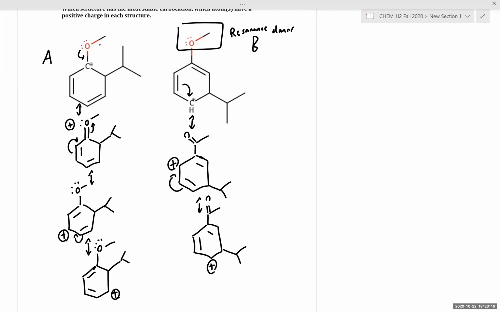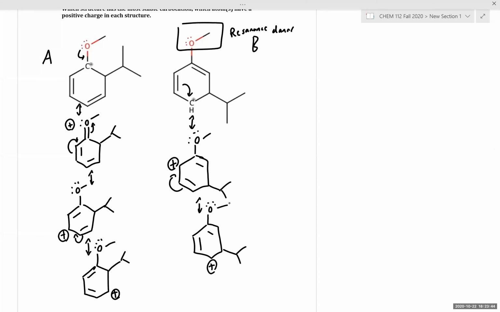Does anyone notice something different if we compare structure A and B? We're thinking about this idea that this adjacent ether functionality is a resonance donor, right? So we have this idea that this ether functionality is a resonance donor, correct?